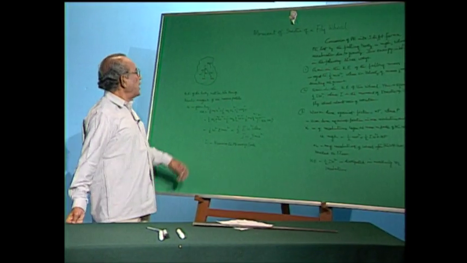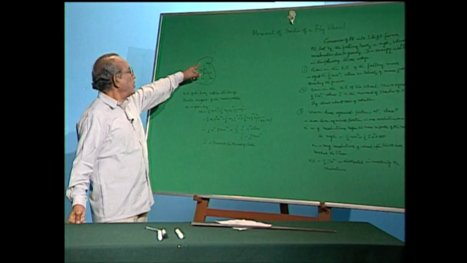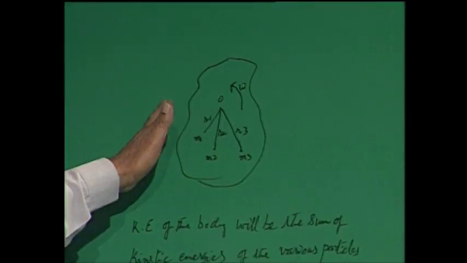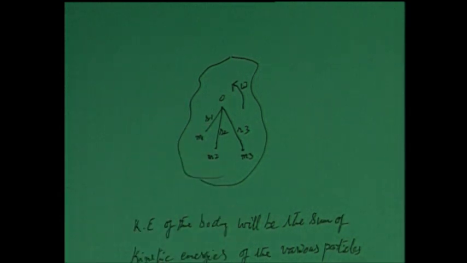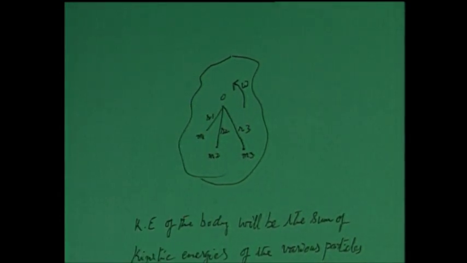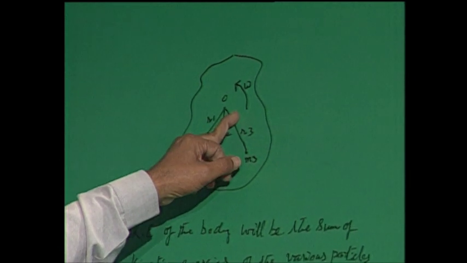Now, in order to get more explanation about what is actually the moment of inertia, we take a section of the body perpendicular to the plane of the board, or perpendicular to the axis of rotation. In this figure, O is the axis of rotation and omega is its angular velocity.